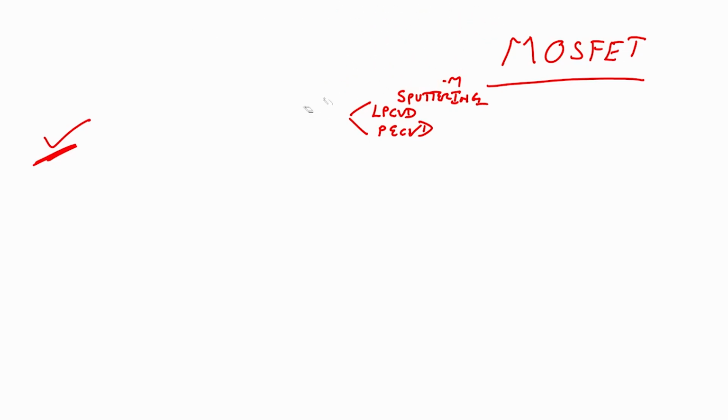Then how can we process? That means, how can we pattern a metal? This is again a very important step, because in the next slide I am going to show you the MOSFET. So, let us see how we can pattern the metal that is deposited on the oxidized silicon substrate using photolithography. Once you know this, then we will move on to the actual MOSFET fabrication.